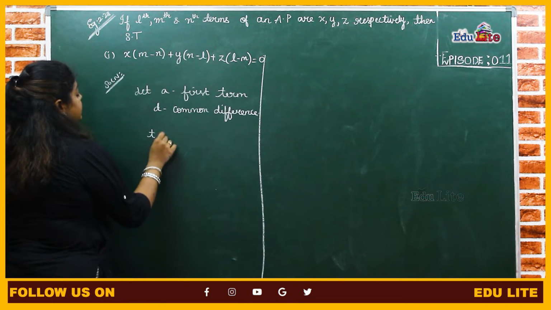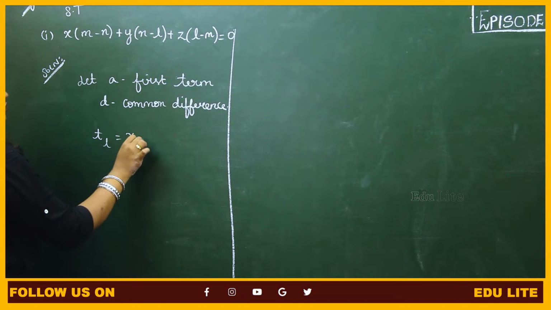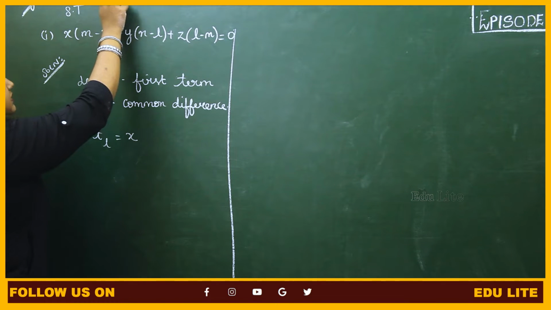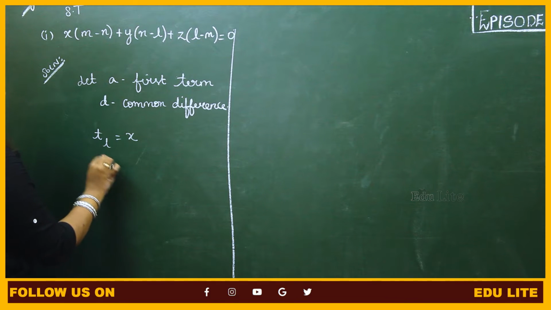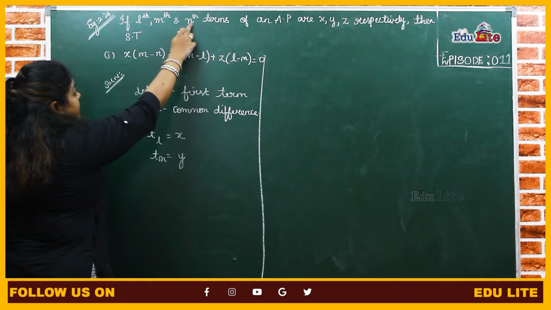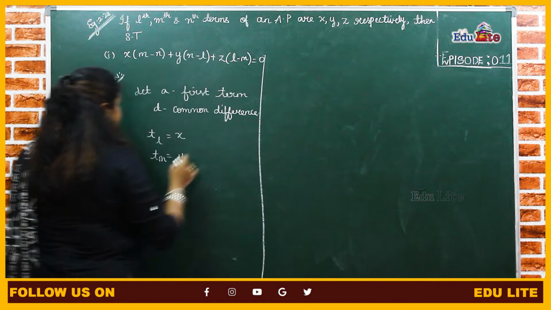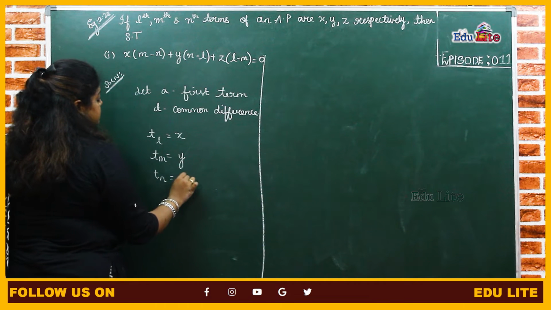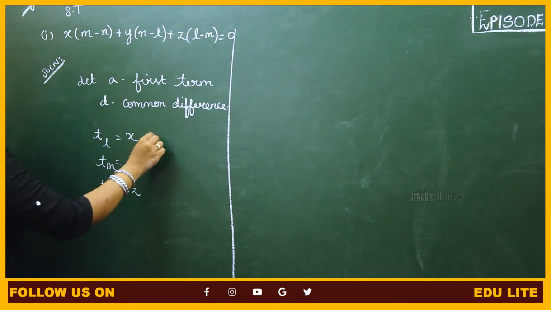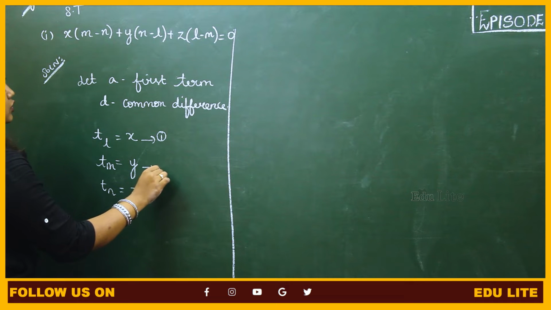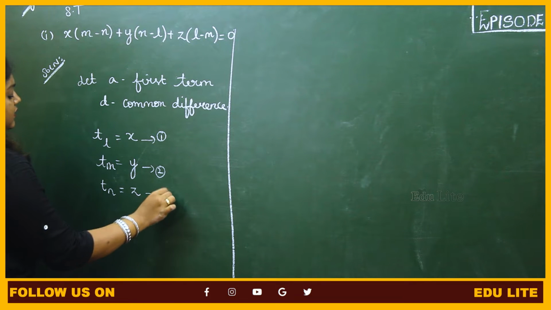Therefore, we can represent Tl equals x, and the mth term is y. Therefore, Tm equals y. The nth term is z. Therefore, Tn equals z. Now, I will consider these as equations 1, 2 and 3.